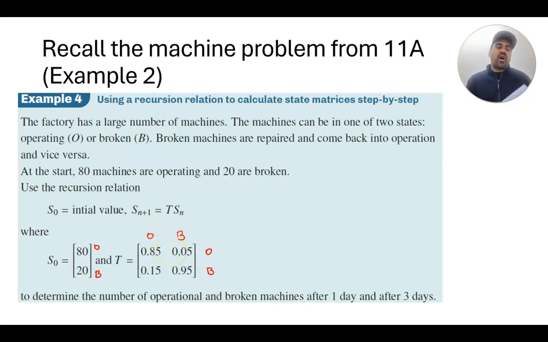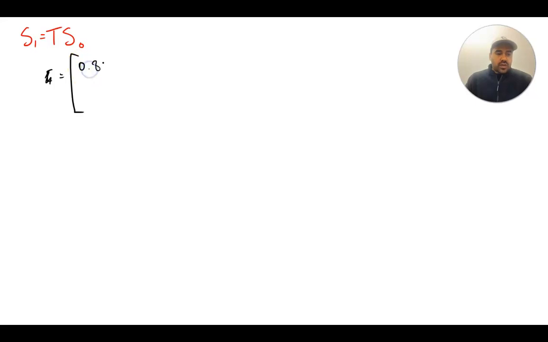We're going to determine the number of operational and broken machines after 1 and 3 days using the recurrence relation. So to set this up, remember, to get S of 1, this is the transition matrix multiplied by the initial. So in other words, if we have our transition matrix here, that was again 0.85. Now you can use your calculator to store this as transition matrix T, and you can just go ahead and use that to do the multiplication.